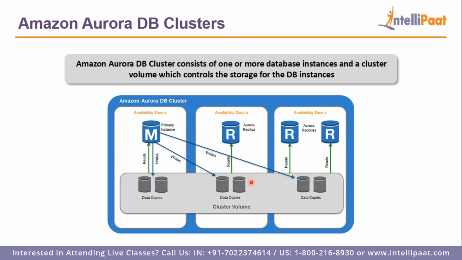Once this is written in this volume, in this data copy, this replica can access it and get the data out of it, because the volume is common for all the availability zones, not like the DB instances. The database instances or the Aurora replicas are just for that particular availability zone, but the cluster volume is common for all the availability zones.